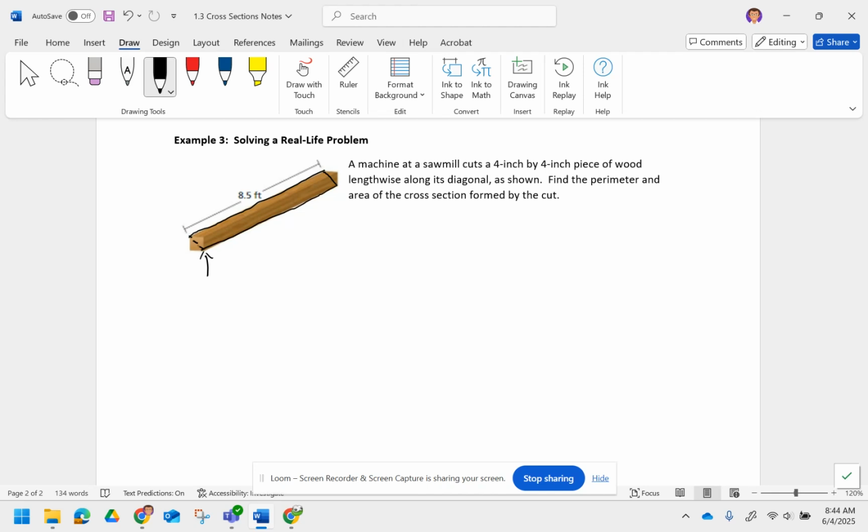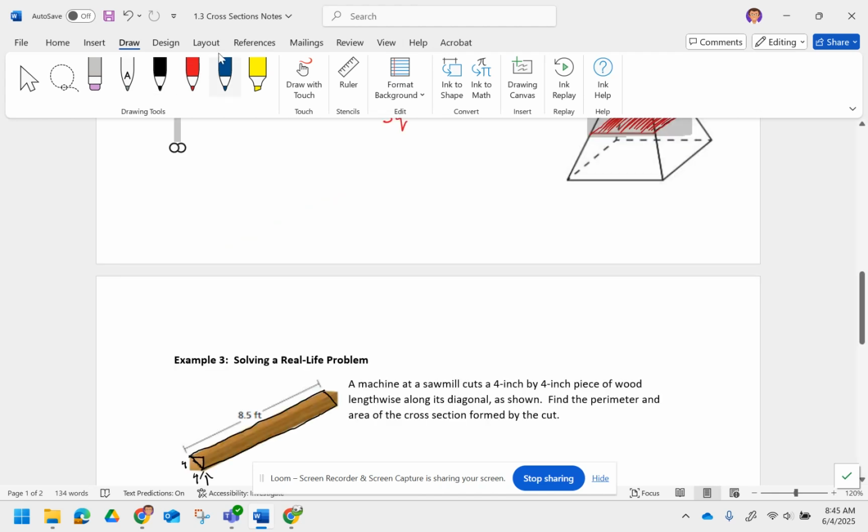Now, we know some of the dimensions of it. We know how long it is, 8.5 feet long. But what about this diagonal length? I know that this is 4 inches by 4 inches, but I don't know the diagonal. So before we even begin, I need to figure out that length. And because we've got a triangle here, essentially, I can figure out the length of the diagonal by finding the hypotenuse.